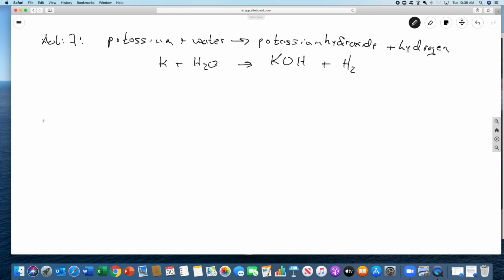And then activity 8. Okay, activity 8 was the acid-base reaction, and you saw it produce carbon dioxide, and the splint test for that was that the splint went out.